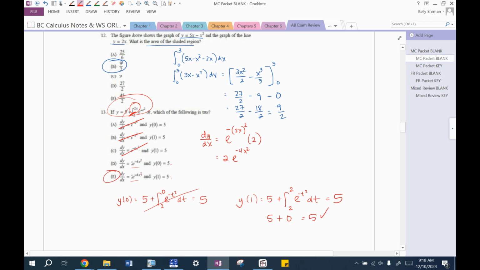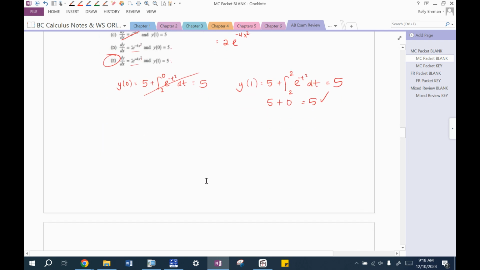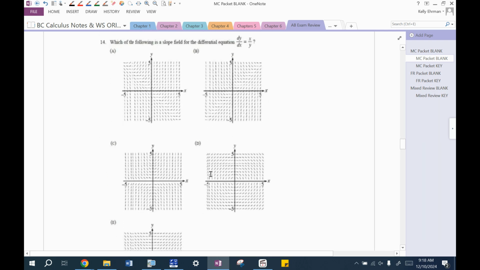So it's got to be E. This one I know is not 5 because this graph is not equal to the x-axis, right? It's got some area above the graph. So when we go from 0 to 2 or 2 to 0, we're going to get a number that's not 0.